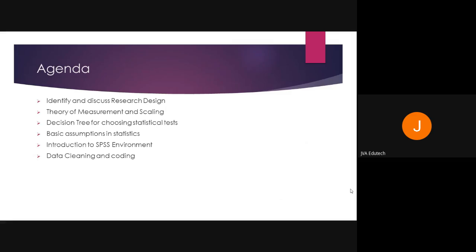Theory of measurement and scaling, decision tree for choosing a statistical test, basic assumptions in statistics. What are the basic assumptions that we should follow for choosing a statistical test? Then introduction to SPSS environment and data cleaning and coding. Right. So this is our agenda for today.